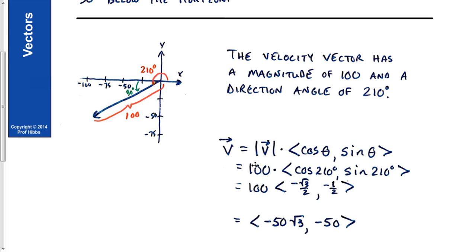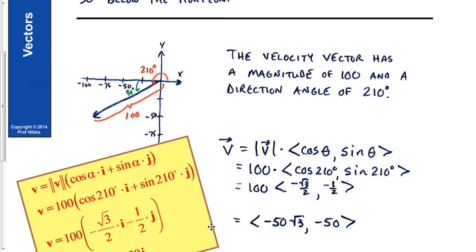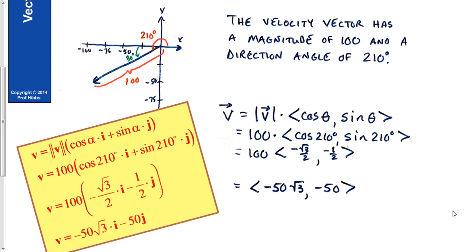This is the way I prefer to do that. But remember, we've also talked about writing v in terms of i's and j's. If I would have done this in terms of i's and j's, then my magnitude of v is still 100, and I'd have cosine of alpha, as I've called it here, times the standard vector i plus sine of alpha times the standard vector j.